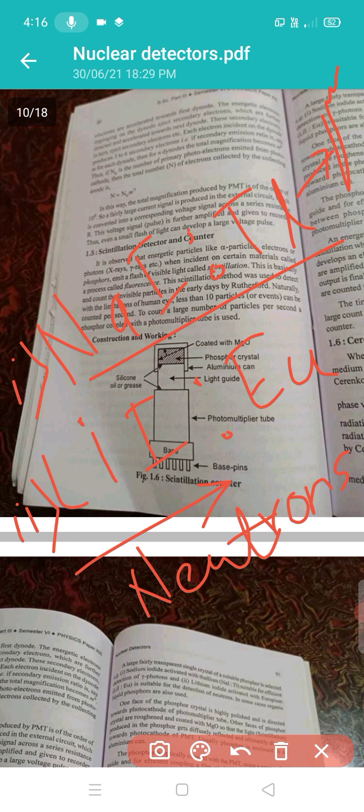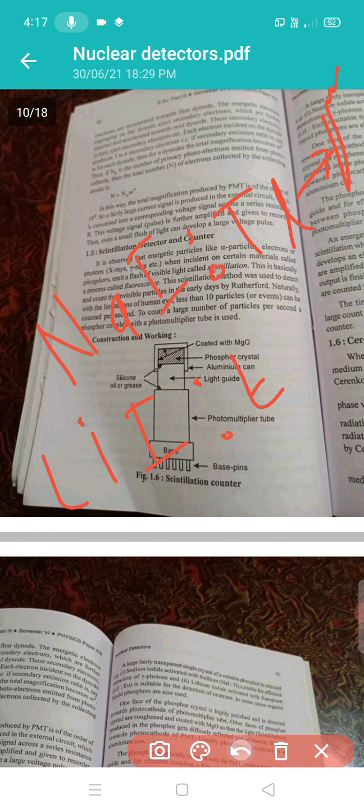Then, one face of the phosphor crystal is highly polished and it is directed towards the photocathode of the photomultiplier tube.